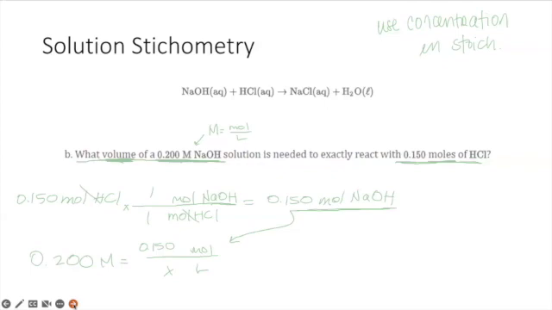So I'll multiply x by both sides to get x by itself. I also need to divide by 0.2 on both sides to get x by itself. So now when I plug this into my calculator, x equals 0.750 liters.